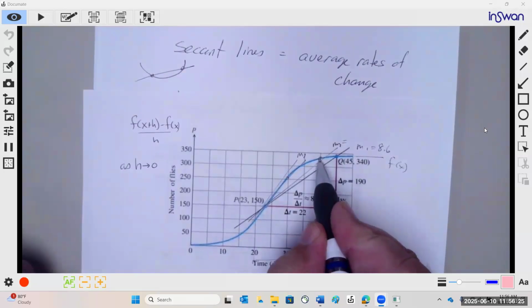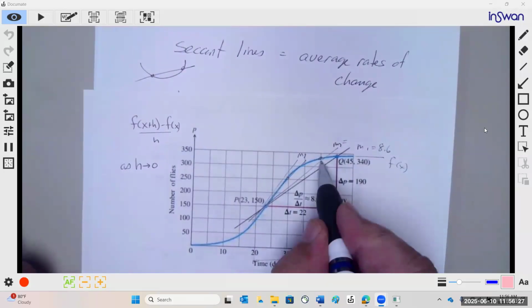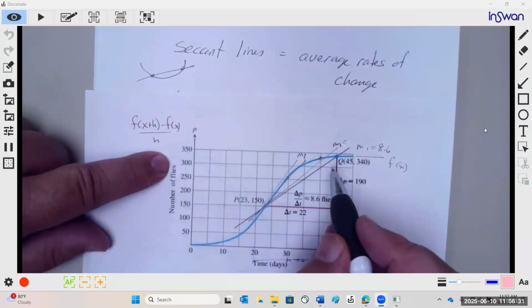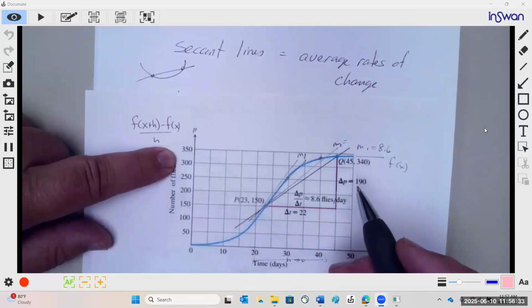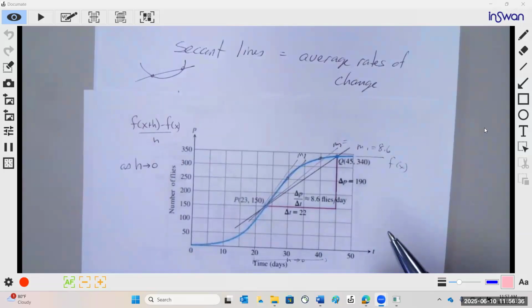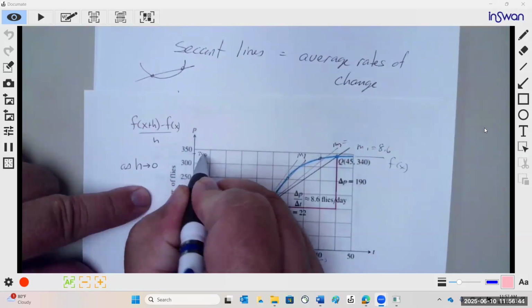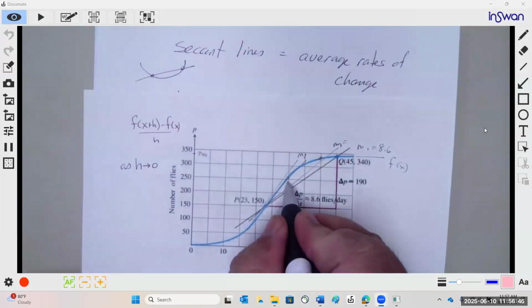What is this location here? At 40, it's at what? 340, 345, 330? Again, everybody may have a different number there, but it's going to be pretty close. We'll say that this is 340. And then we have this one.